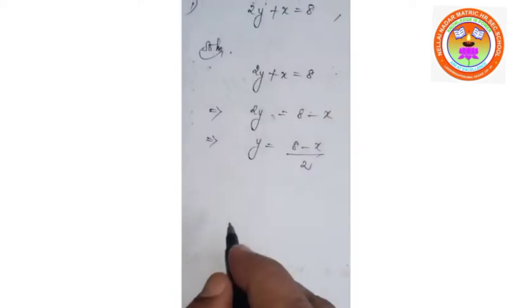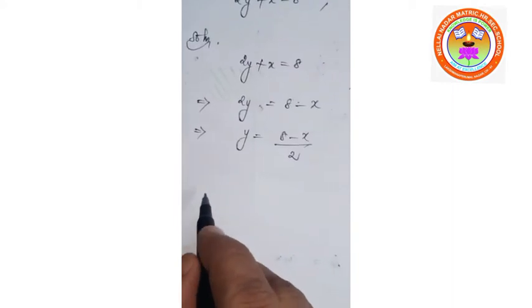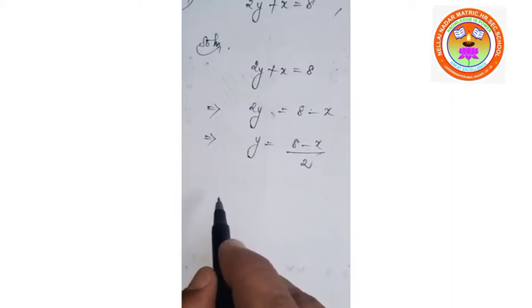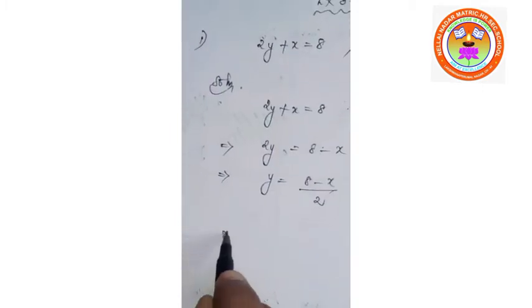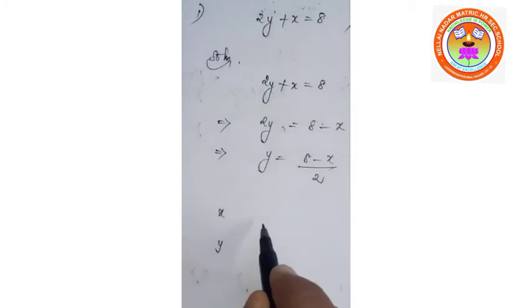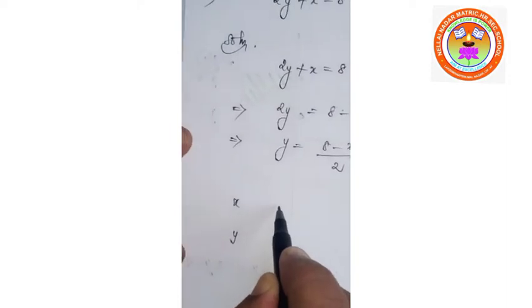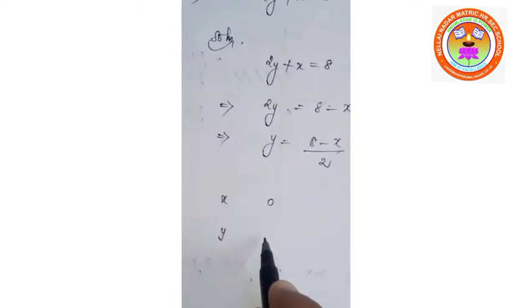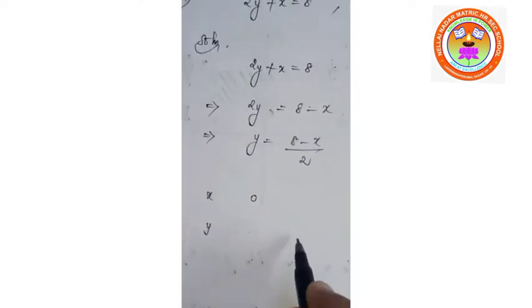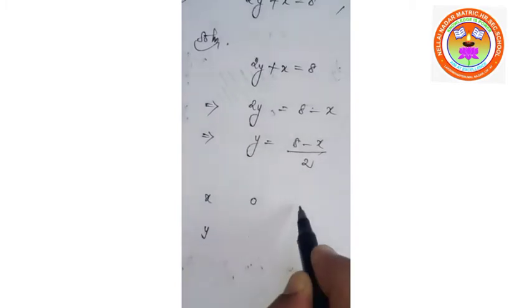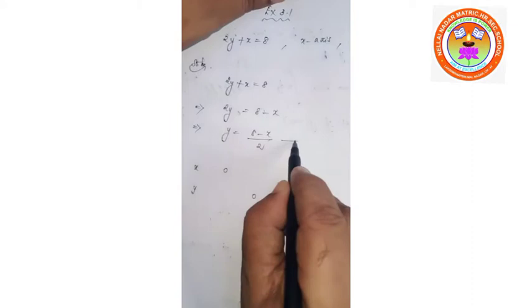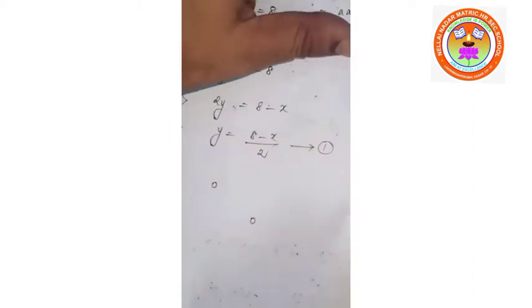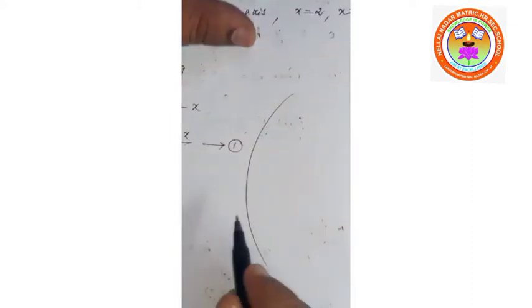Let it be equation 1. Now we have to trace a curve. Actually it's a straight line only. When x equal to 0, find the value of y. And when y equal to 0, find the value of x. I do the calculation here.